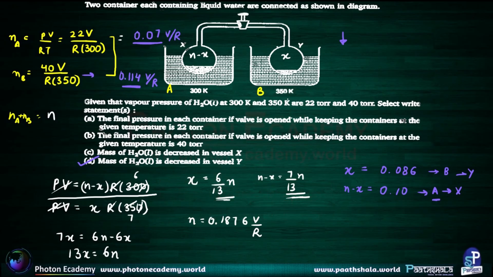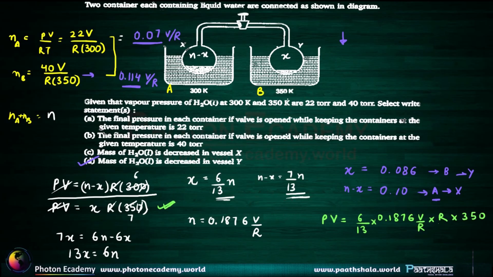Okay. Now let's check for the pressure. Let's use this equation. This would give us P into V is equal to X, and X is 6 divided by 13 into N, which was 0.1876 V by R, into R into the temperature, that is 350.